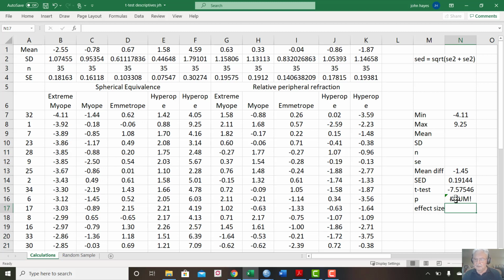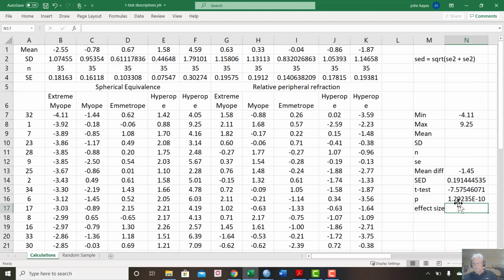Now that might not have worked because it was just too crazy. Aha! This function does not like negative numbers. So we have to make this an absolute value. It doesn't matter with respect to the t value, but we're going to do the absolute value of the t value, this blue thing here.